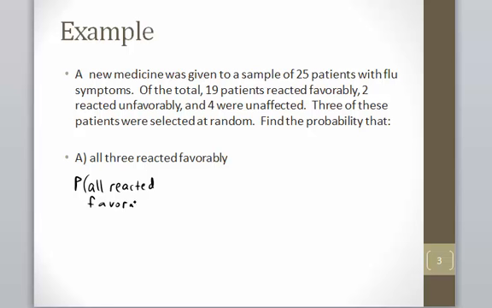So what we want to do is try to rewrite the problem so that it has an and in it, just like we did on the previous example. So what does it mean that all 3 reacted favorably? It means that the first patient reacted favorably.